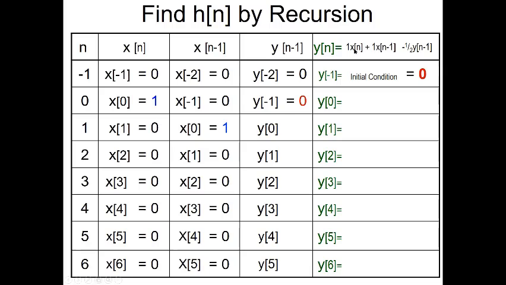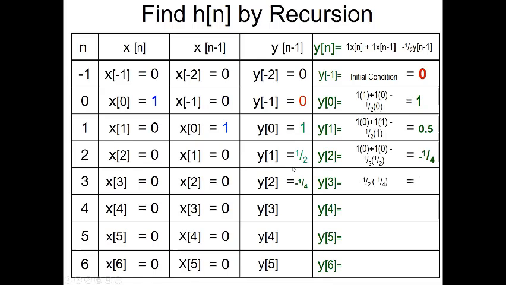And going across, for n equals 0, we have 1 times 1 plus 1 times 0 minus 1 half times 0, or just 1. And going forward, feeding that down here, computing the next value, feeding that down to the next y, and so on, and continuing to do that, we see a pattern emerge where the unit sample sequence is getting smaller each time. Its sign is changing each term.